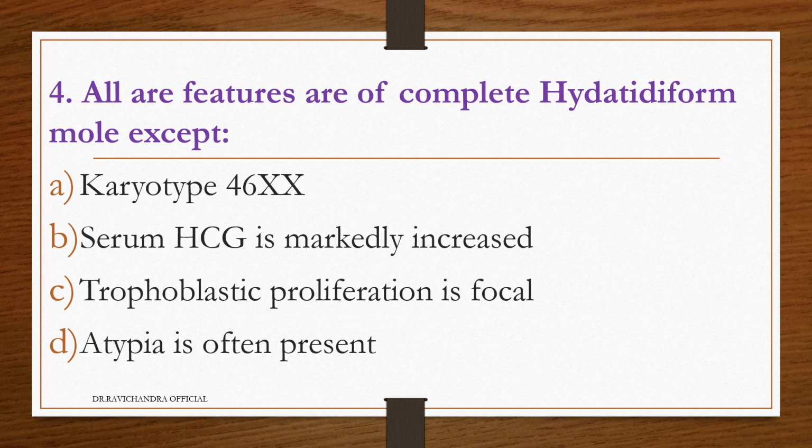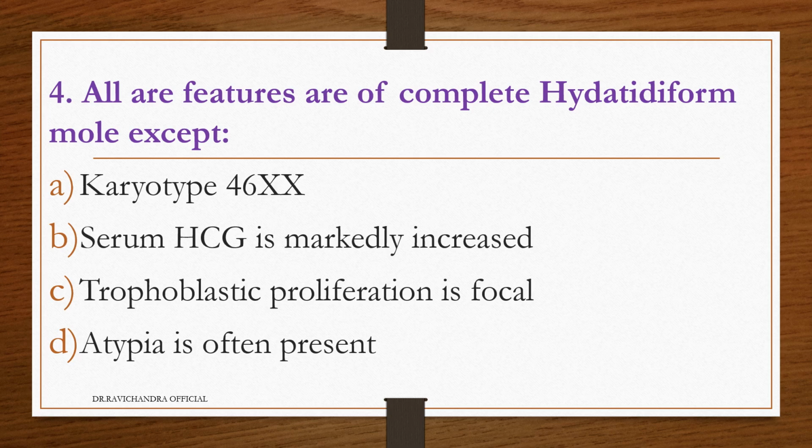Serum HCG will be markedly increased, option B. The complete moles will have trophoblasts producing high levels of HCG, or human chorionic gonadotropin, leading to markedly elevated serum HCG levels. Coming to option D, atypia is often present. Complete moles often exhibit cellular atypia characterized by irregular nuclear shapes, sizes, and staining patterns. So, the answer for this question is trophoblastic proliferation is focal.